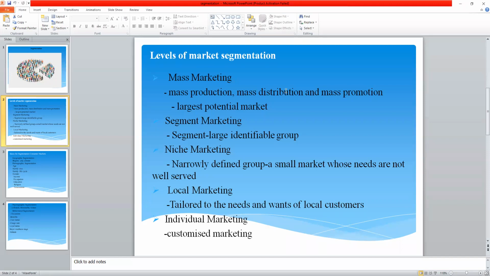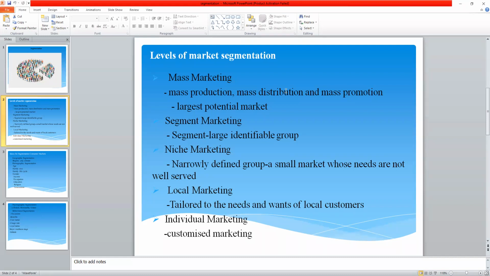So here one can say this segmentation is an approach. It's a midway between mass marketing and individual marketing. At one end is mass marketing, where all of the segments or groups frame the target group, while against this there is the individual customer.